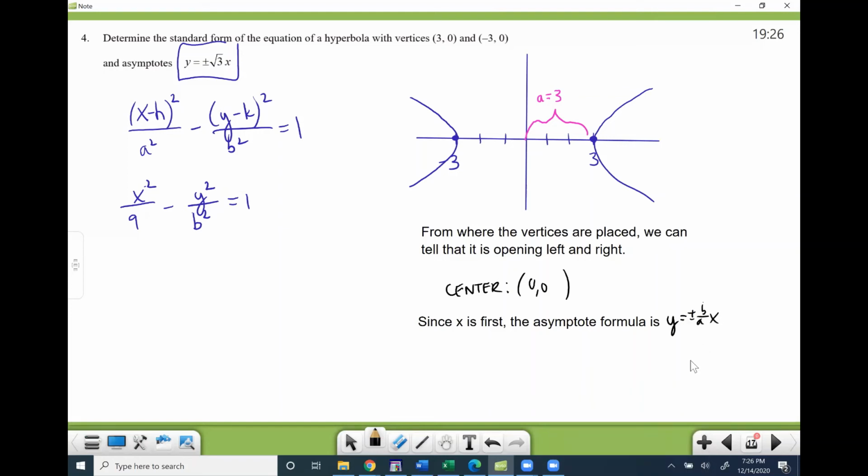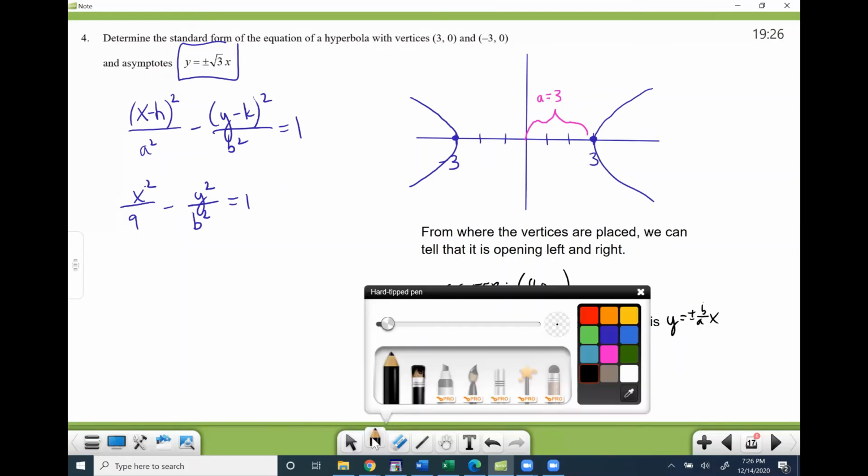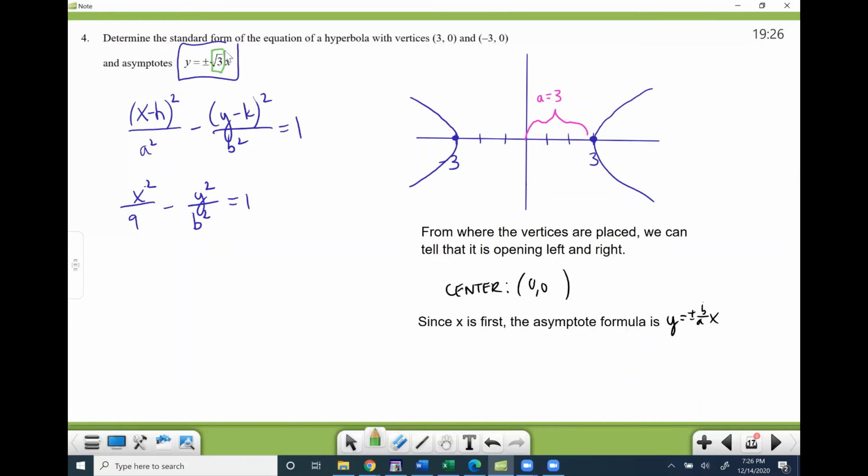All right. So that's a big deal because if you look at what they have for the asymptotes, there's a root 3 here where the b over a is. So you can literally set those things equal to each other. And then we know a is 3. So we can just put a 3 where the a is and solve that. Okay, so what would you guys do to solve that?